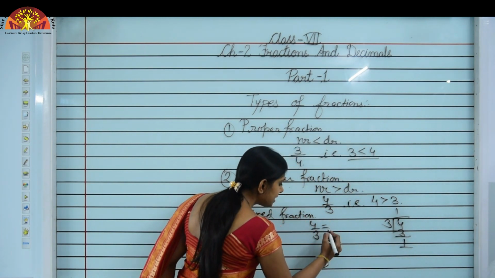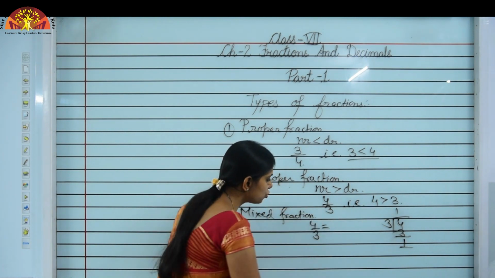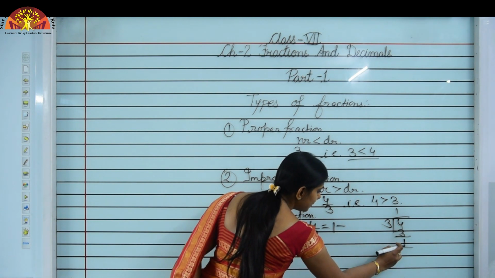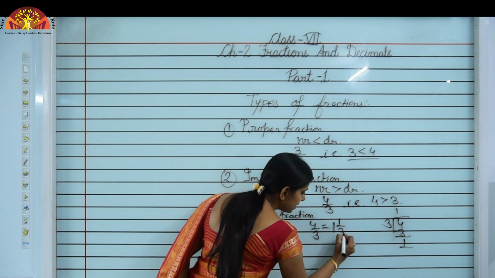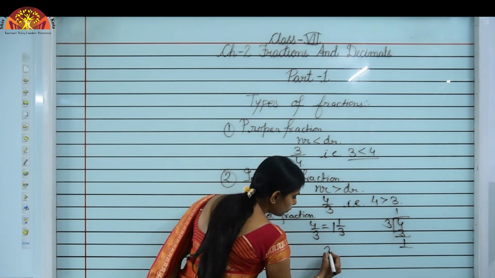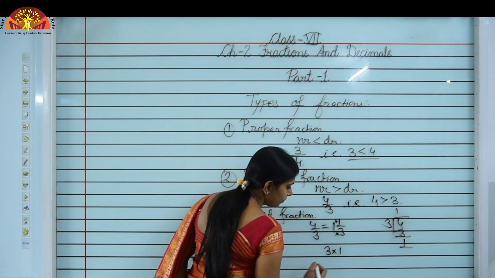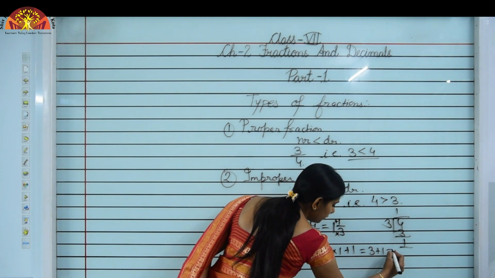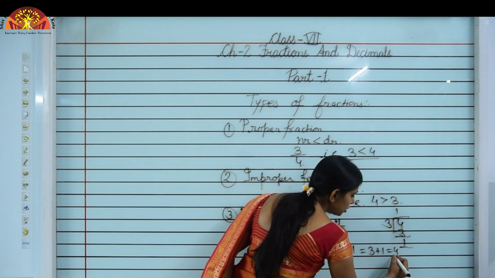So when we write it as a mixed fraction, first of all we write the quotient. The quotient is 1, then we write the remainder, which is 1, and then the divisor is 3. So 3 into 1 plus 1, which comes out to be 3 plus 1, which equals 4, and the denominator is already given to you, which is 3.